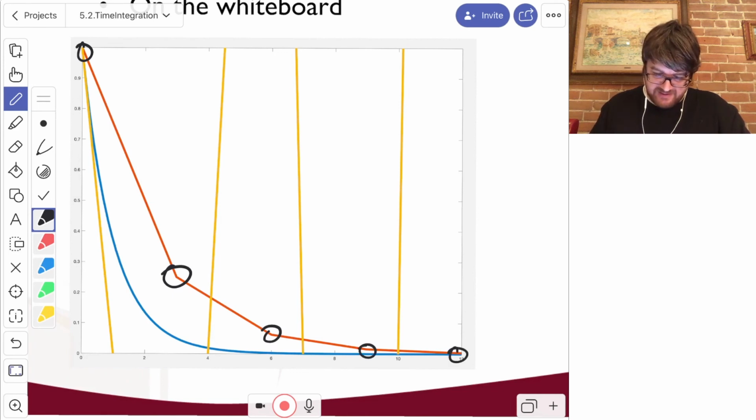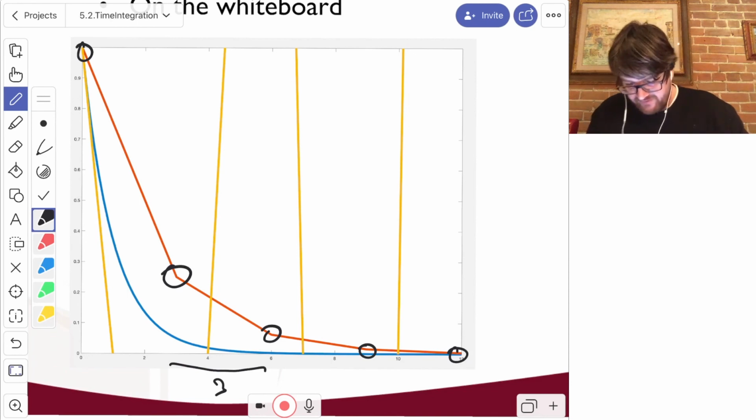Basically, the time step is 3, so it's a big time step, and we go from 0 to 12, so there are 4 points we computed, 5 points in total. What is interesting here is that, of course, you're going to have errors with these huge time steps, but the implicit, the red curve, which is the estimated curve, the y_k, if you will, follows roughly the shape of the curve. Yes, there are errors, no doubt, but it follows pretty nicely, I would say, for such a big time step.